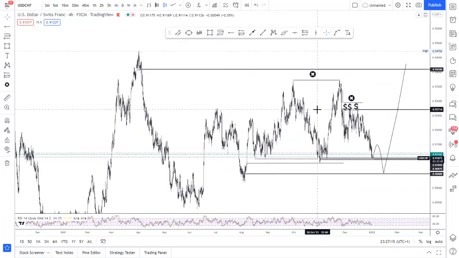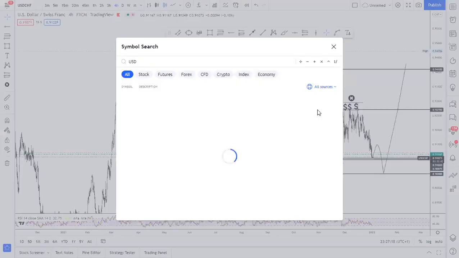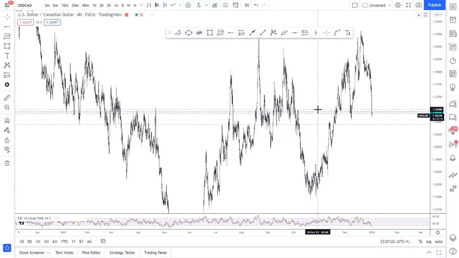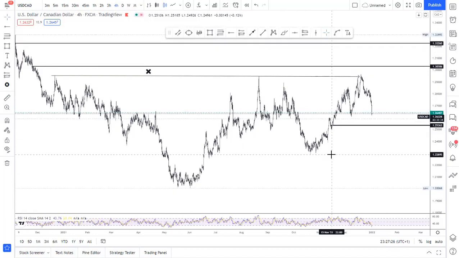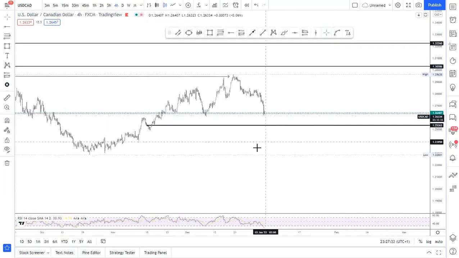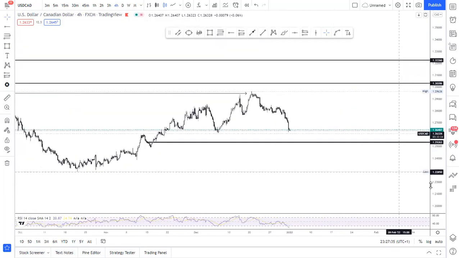And the next pair we'll be looking out for is USDCAD. I'll be taking very few pairs today as we go into the week and we begin to see volatility on the chart. Then we'll begin to see more pairs during our analysis.